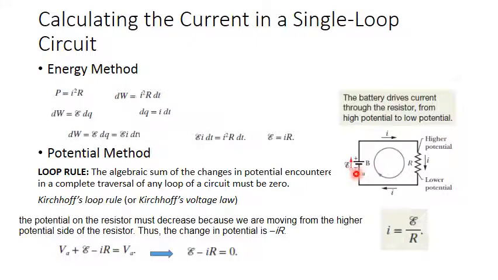So in this case, if we assume that we have point A, for example, and we said that point A has a potential VA.